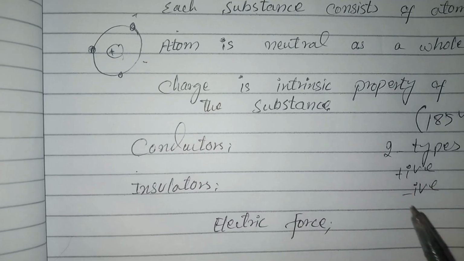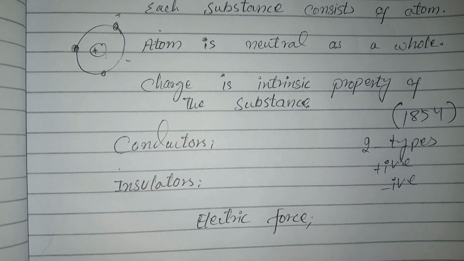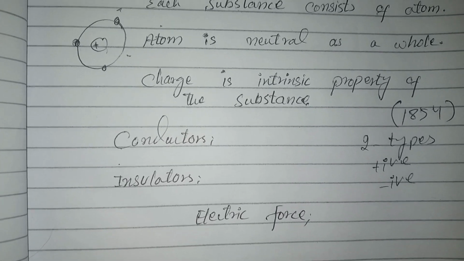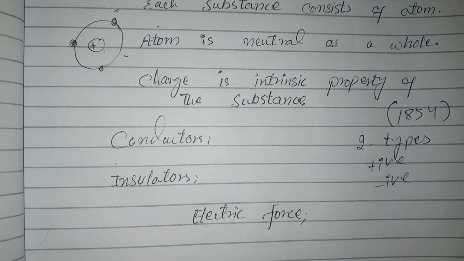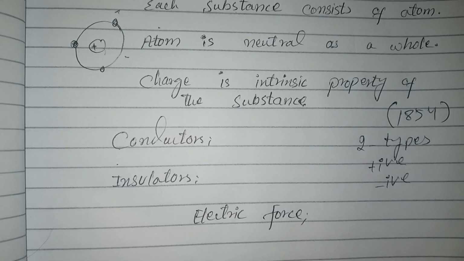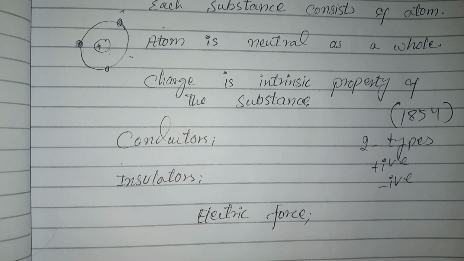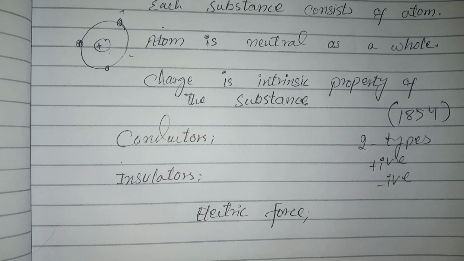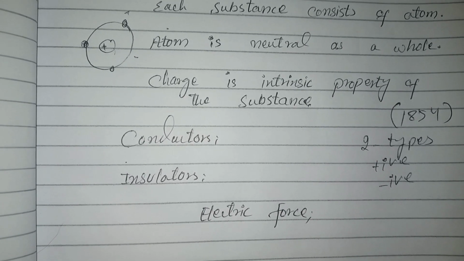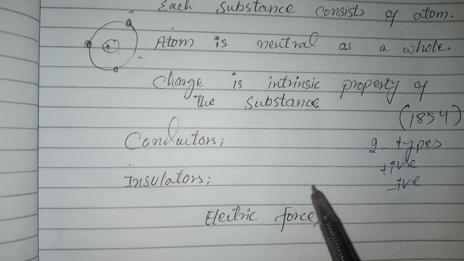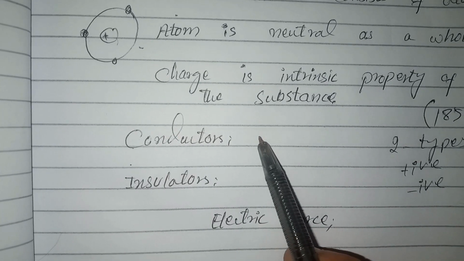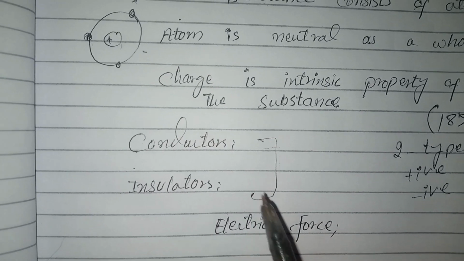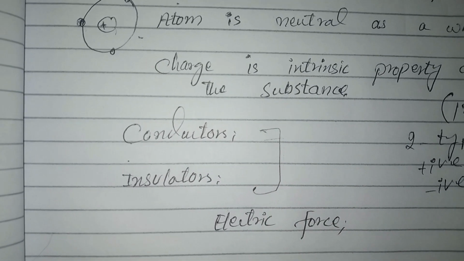Like charges repel each other, but positive and negative charges attract each other. On the basis of the movement of charges, we can classify substances into two types: conductors and insulators.